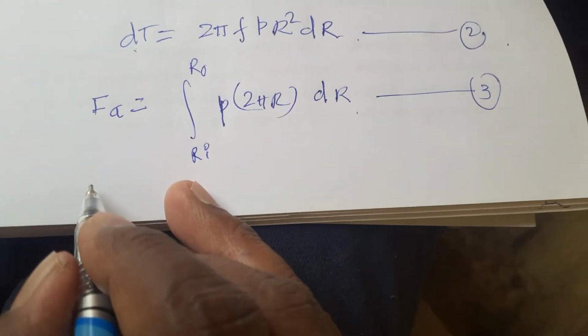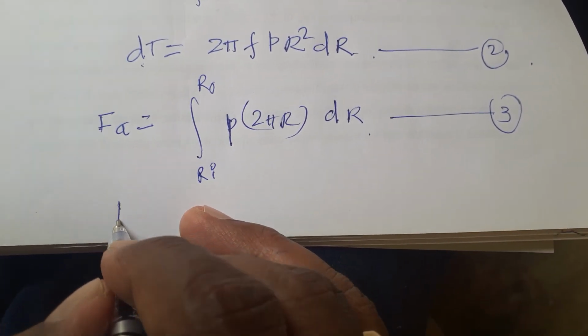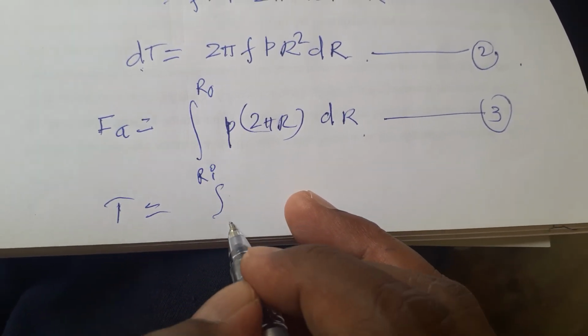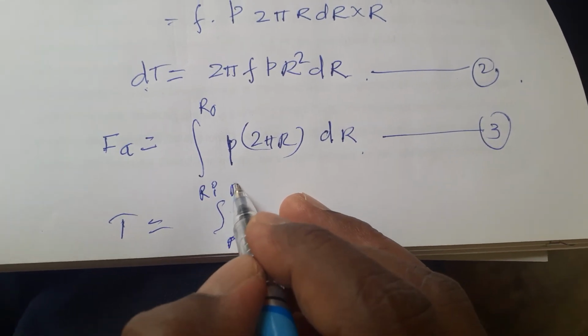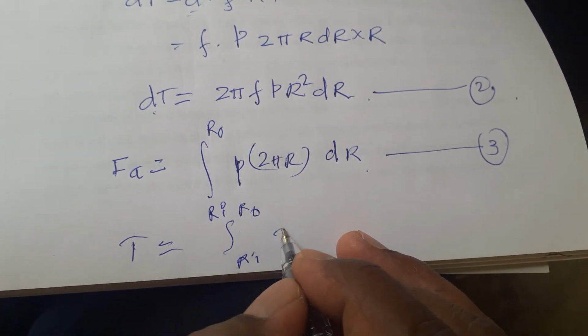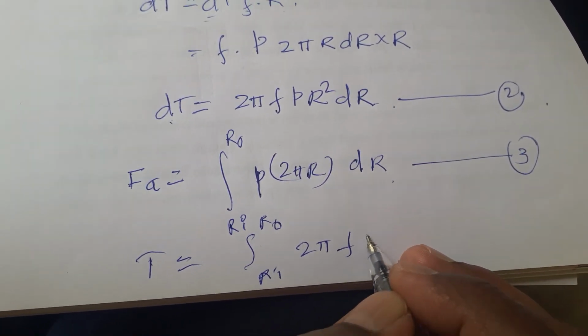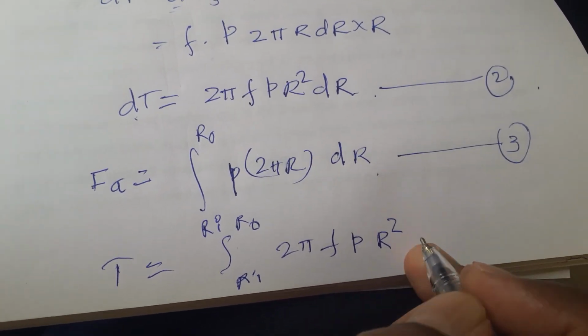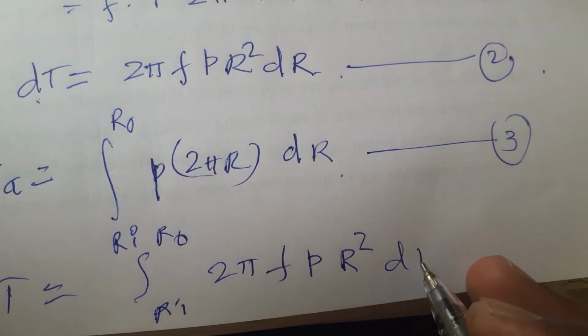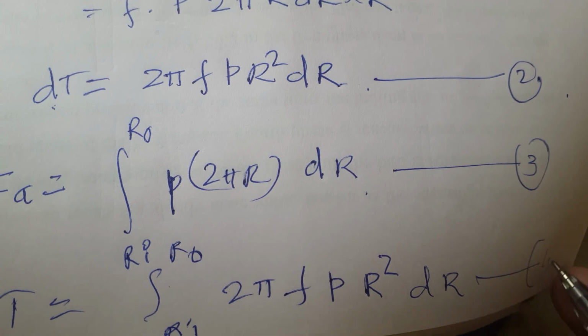Now what about the fourth? The fourth is torque. When you integrate torque from r inner to r outer, what will it be? Simply 2 pi f pressure r square into dr. This is equation 4.